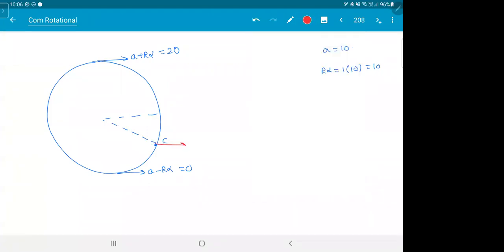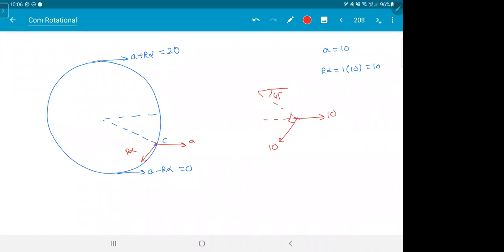So this has two accelerations, A and r alpha. This would be 10, this would be 10, and this was 45. If you see, this is also 45. And that would be 90, because this is a tangent always.